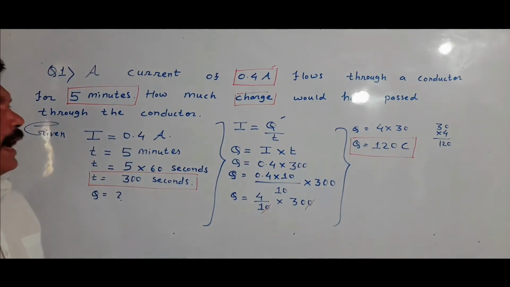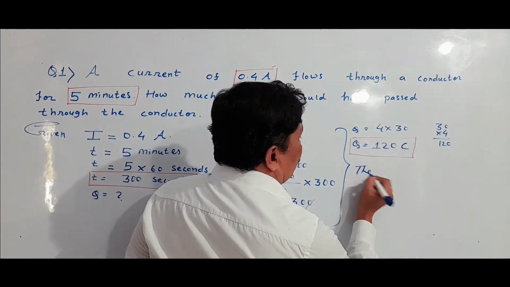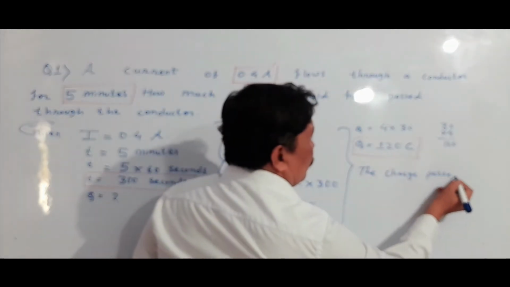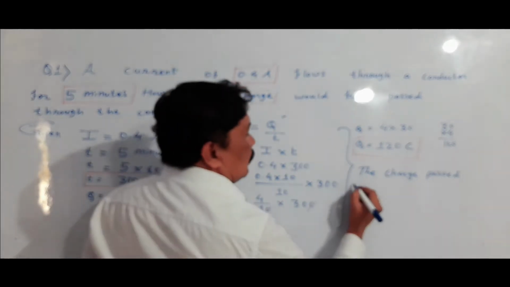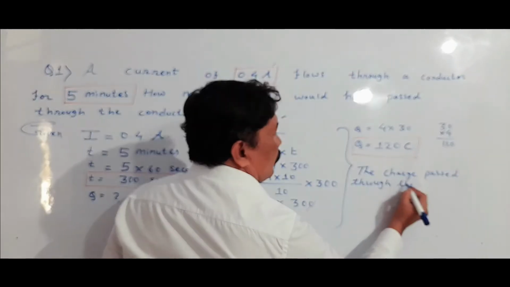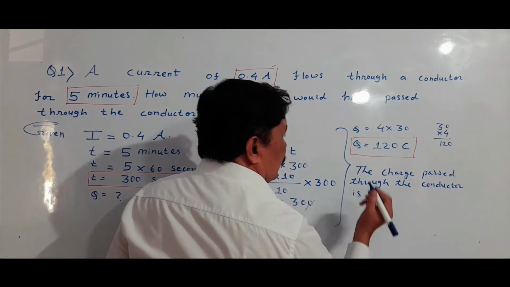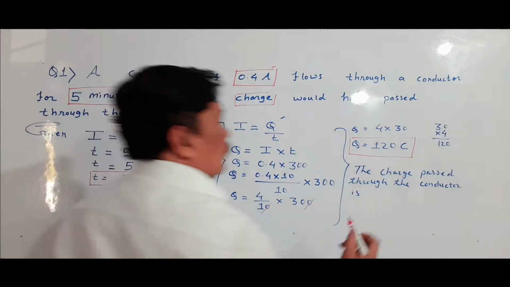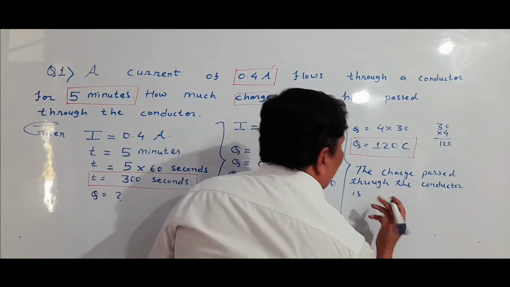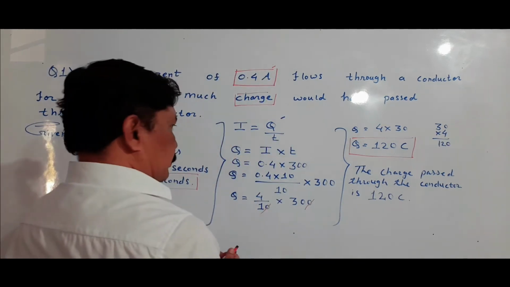How much charge would have passed through the conductor? The charge passed through the conductor is 120 coulomb.